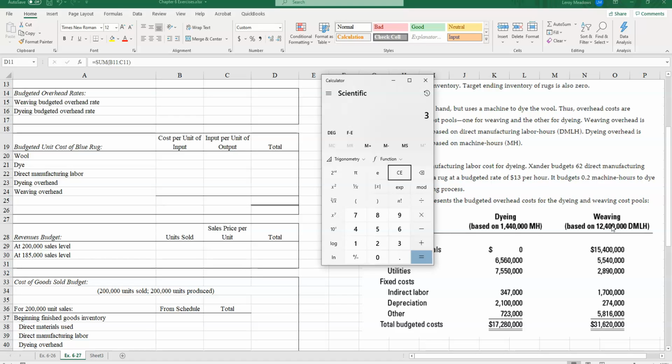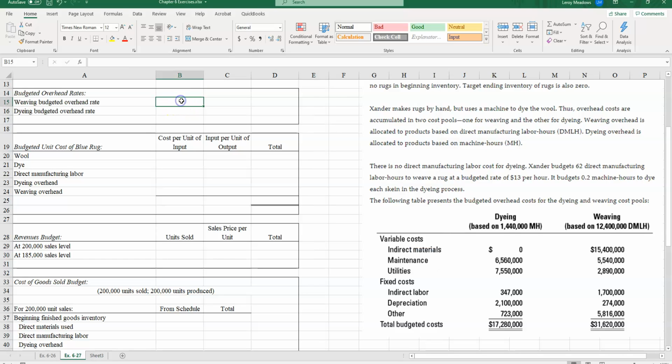So if I take my overhead of $31,620,000 and divide that by 12,400,000 labor hours, I get an overhead cost rate in the weaving department of $2.55 per direct manufacturing labor hour.